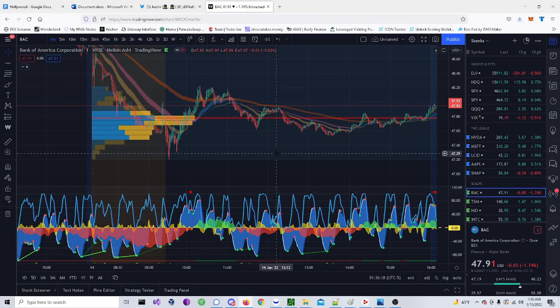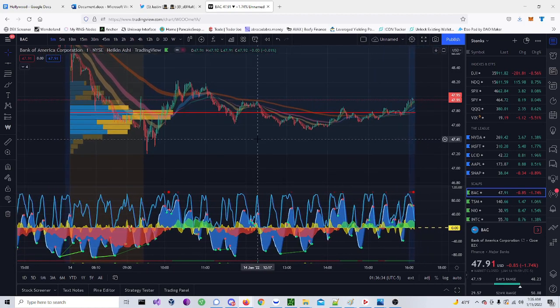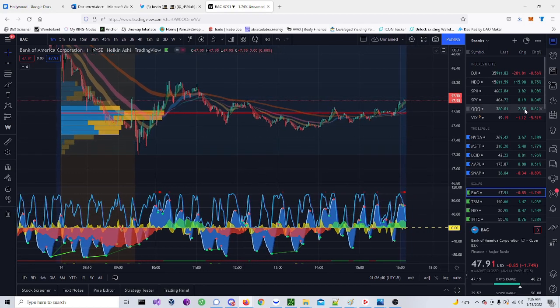I weight this heavier than other things that I use, like EMA clouds, weekly support and resistance, trend lines, VWAP, spider lines. These are all things that I could cover in other videos as well. And then other things are watching SPY and the Qs and the VIX.